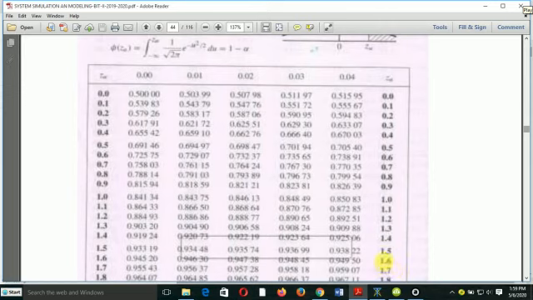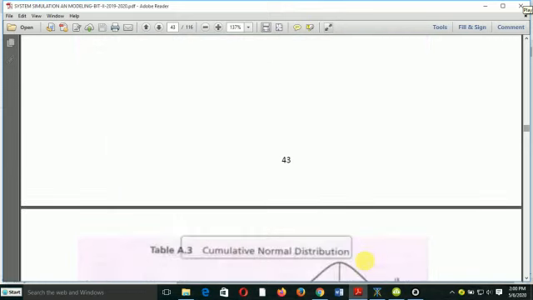We take 1.6 plus 0.04, and if we add them, we get 1.64. So 0.9495 is found at 1.64. So it is okay.